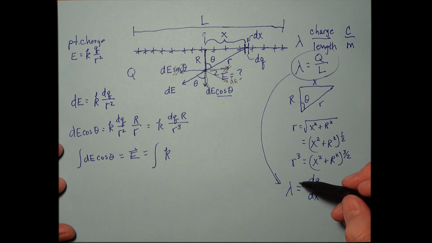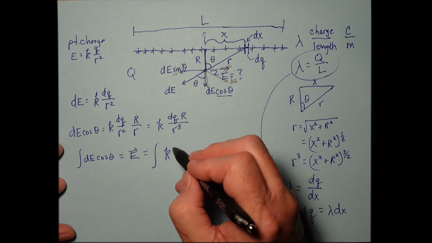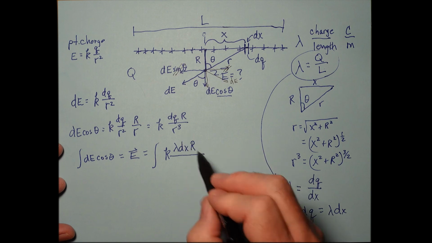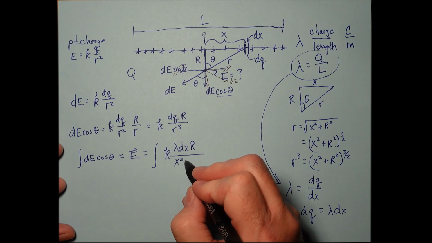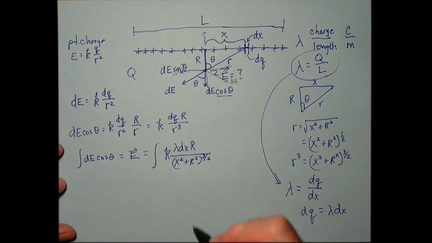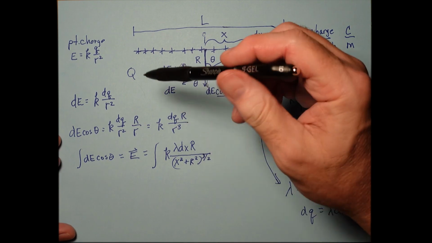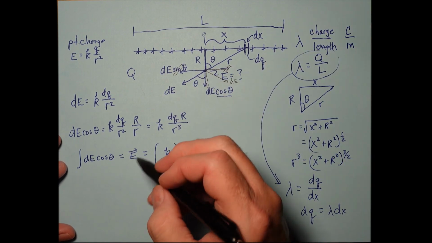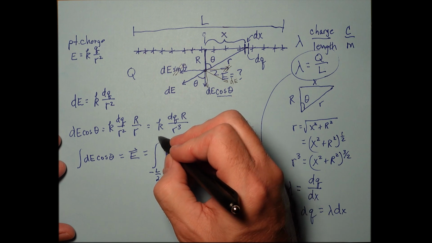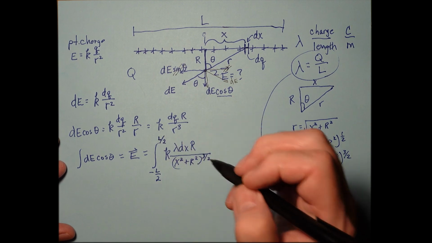So if I want to know what dq is, it's lambda dx. So lambda dx times big R over x squared plus r squared to the 3/2 power. All right, now that looks more like something we can integrate, and the limits of our integration are going to be from minus L over 2 to plus L over 2.